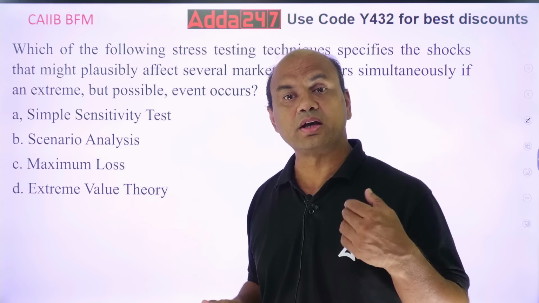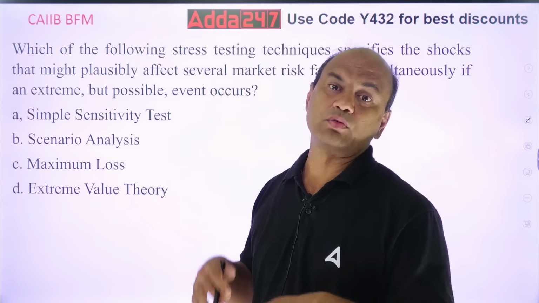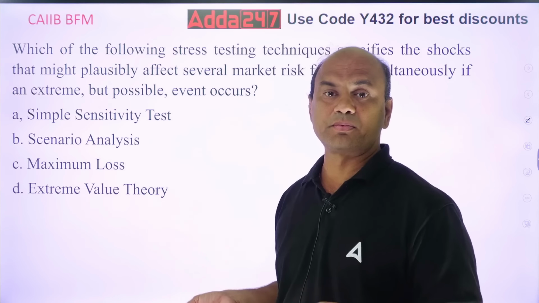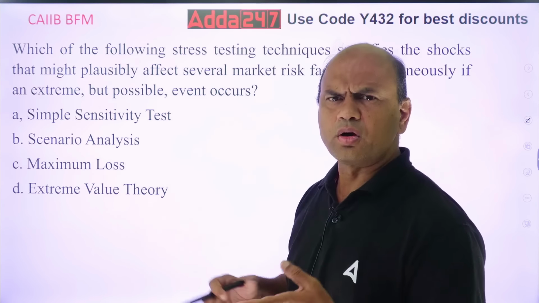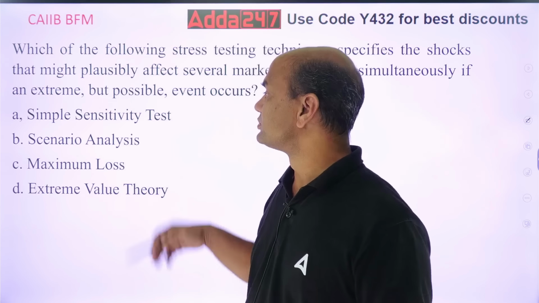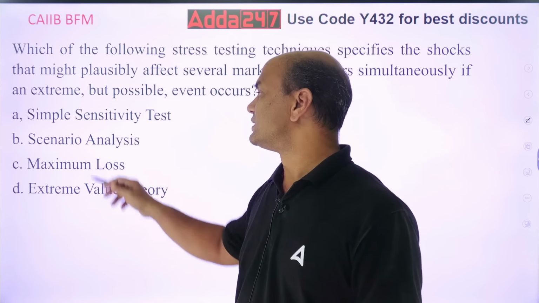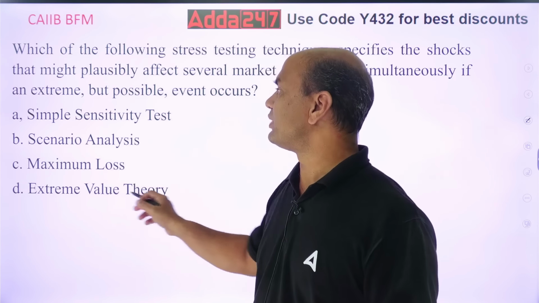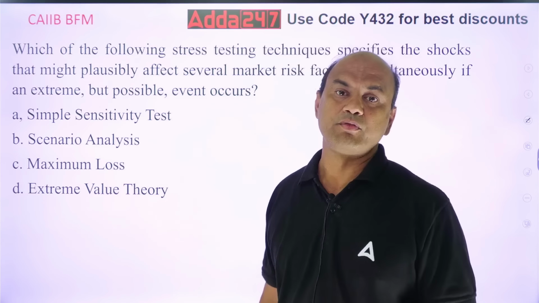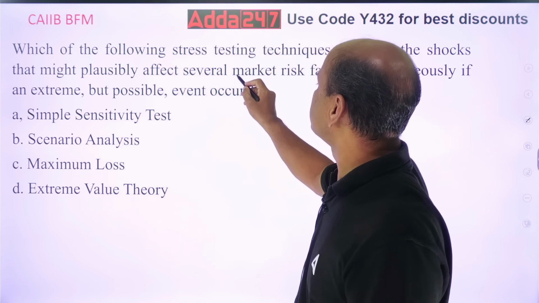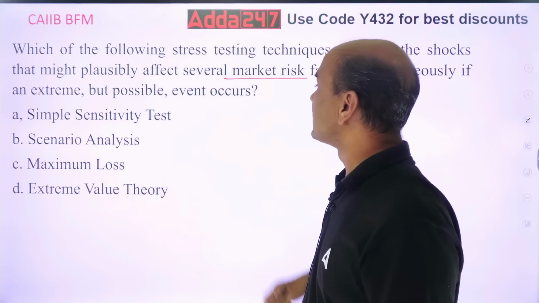Repo rate is going up, then there is a war going on, GDP is going down, your bank is facing problems internally. All the things can happen at the same time. So, simple sensitivity, scenario analysis, maximum loss and extreme value theory. Which one will give you the scenarios of several market risk factors simultaneously?